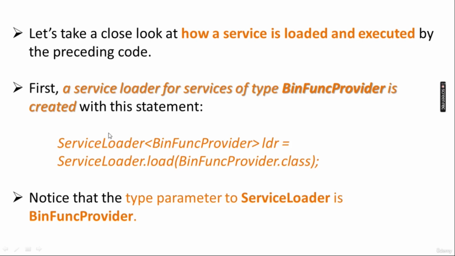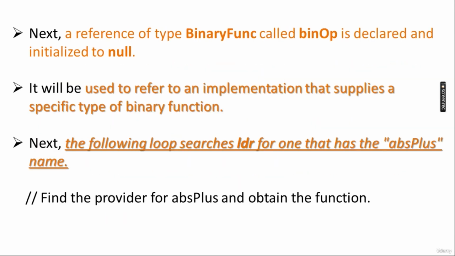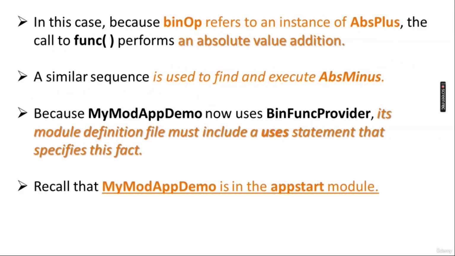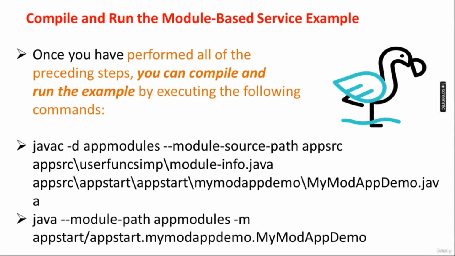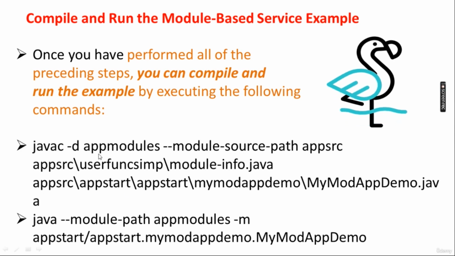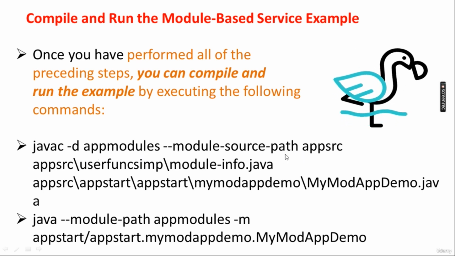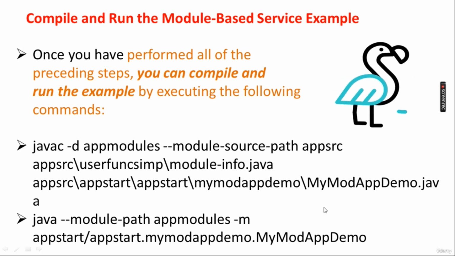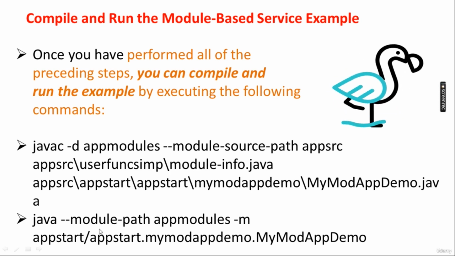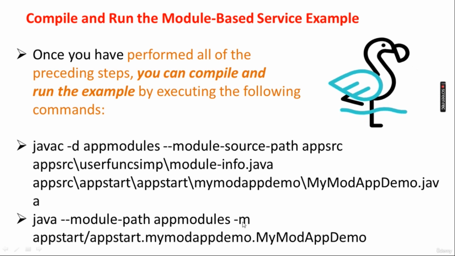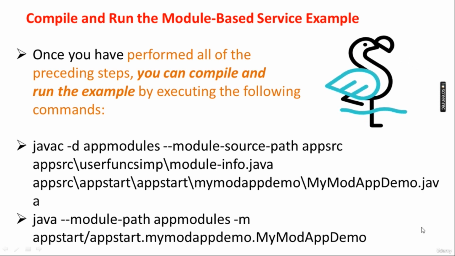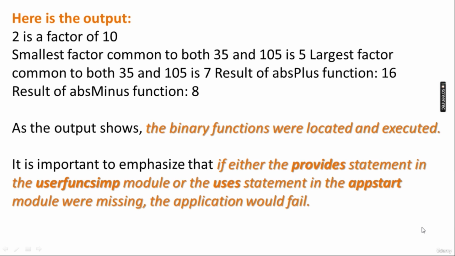We explained this, and to run this project, these are the two commands we are going to use. javac -d app modules --module-source-path app source module-info.java mymod app demo.java, and then java --module-path app modules -m app start mymod app demo.mymod app demo.